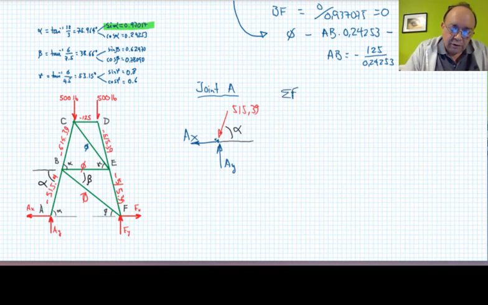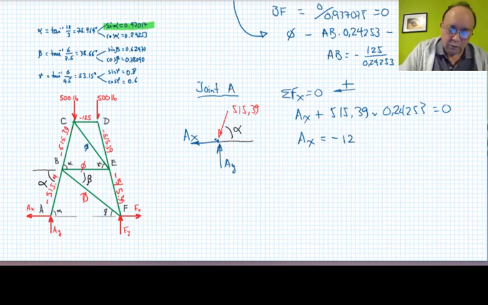Summation of forces in the x direction equals to 0. I'm going to do positive in this direction. So I have that AX plus 515.39 cosine alpha. Cosine alpha is 0.24253 equals to 0. So from here, AX equals to minus 125. This AX is not a bar, it's a reaction.